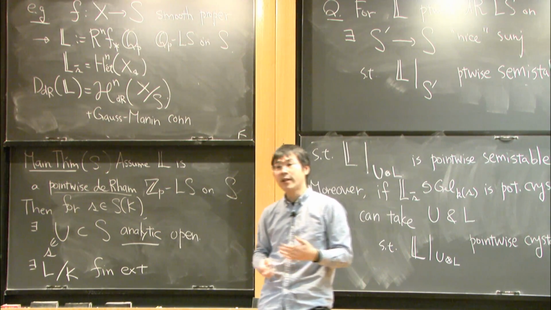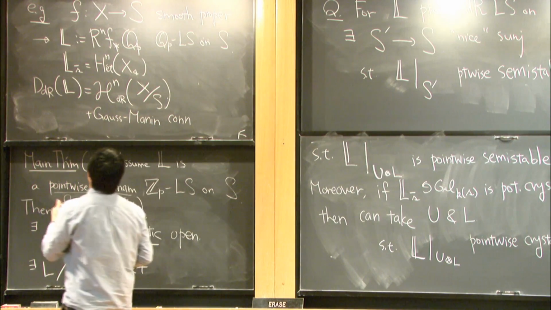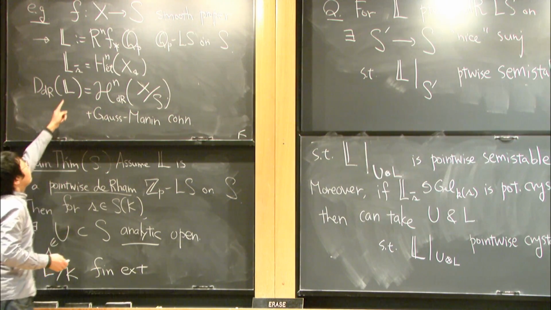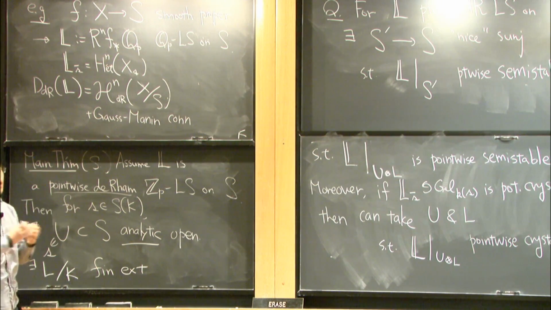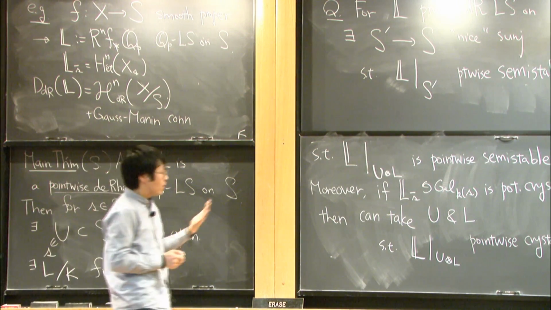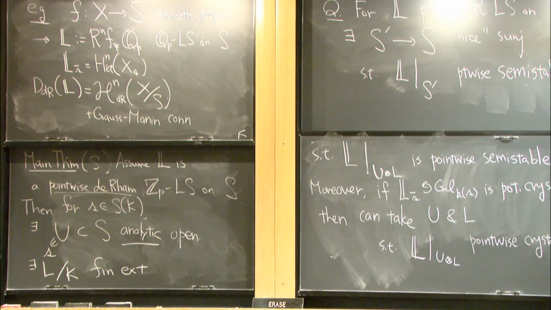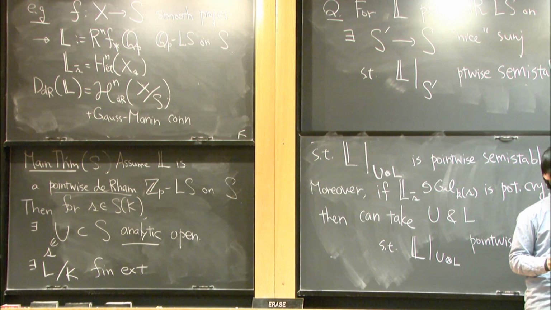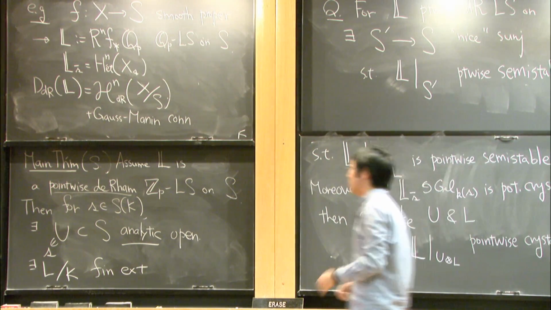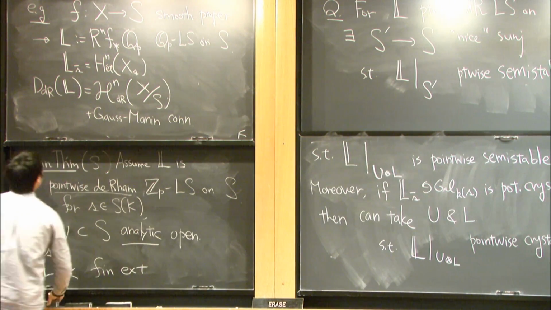That means D_crys can be identified over all the points s which have the same residue reduction. So this essentially tells you, in the general situation, using the presence of an integral connection, maybe locally, you can trivialize your vector bundle, which is roughly saying you can construct parallel transport between two fibers and then compare them. So that's the basic strategy for the proof.